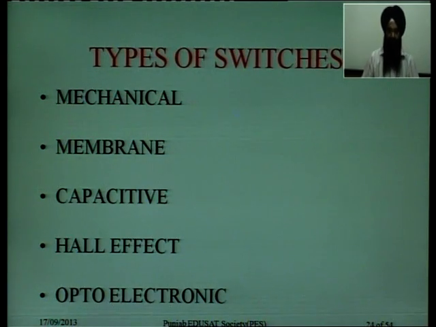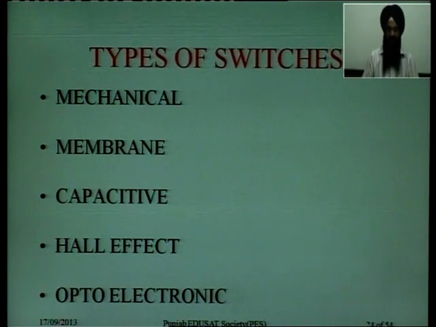In the keyboard used with the personal computer, there are certain kinds of switches: mechanical switches, membrane switches, capacitive switches, Hall effect switches and optoelectronic switches. As the name implies, the mechanical contains some mechanical pressure when we press it, and it has a mechanical function behind that.